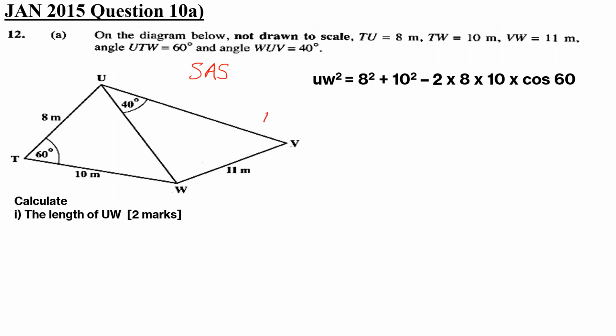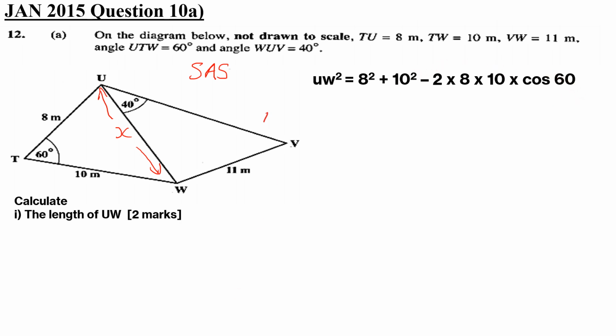Okay, so I've written it out. We're trying to find UW, so that is squared. And we're going to take the other two sides: 8 squared plus 10 squared minus 2 by 8 by 10 cos 60.